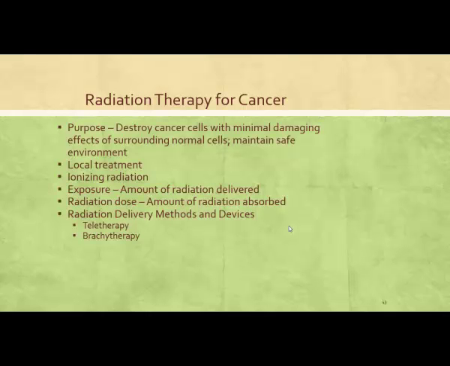So with that being said, three factors are used to determine the absorbed dose, and that's going to be the intensity, the duration, and closeness or distance of the radiation source. So the dose of radiation is always less than the exposure because some energy is lost on the way to the tissue.